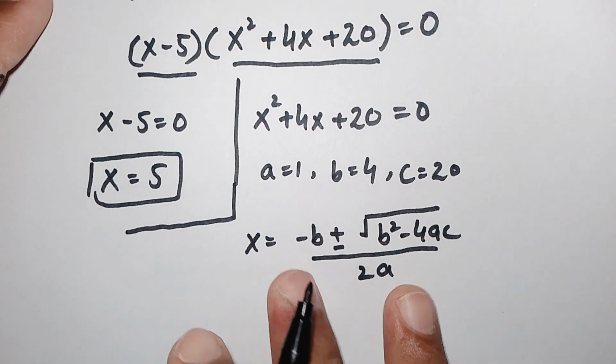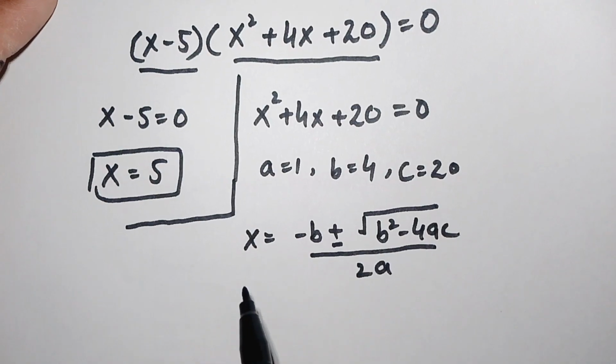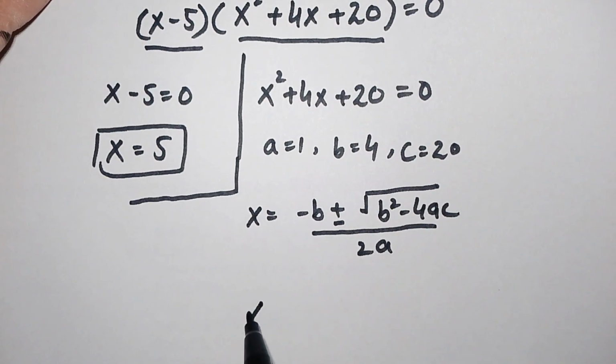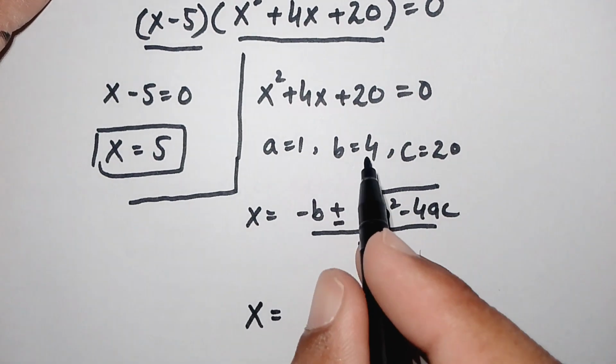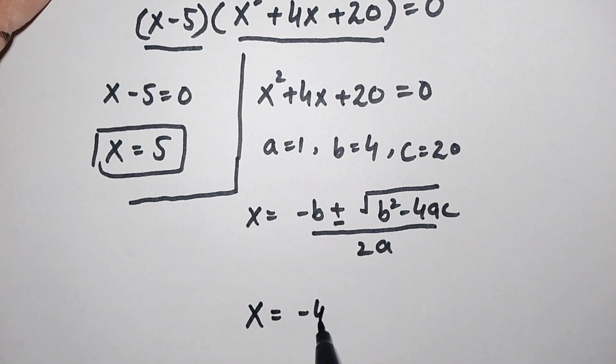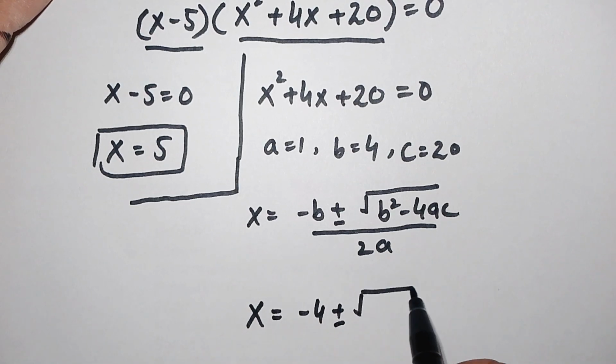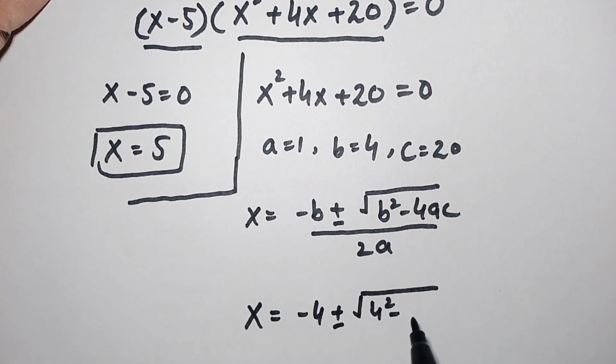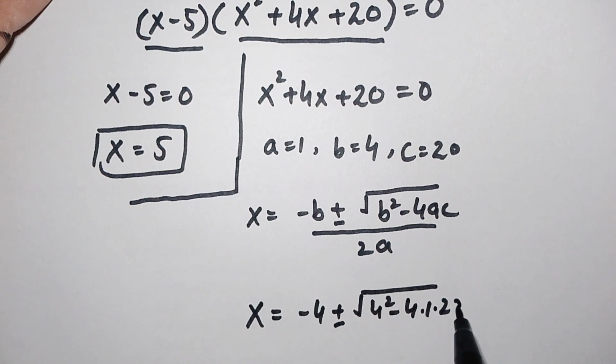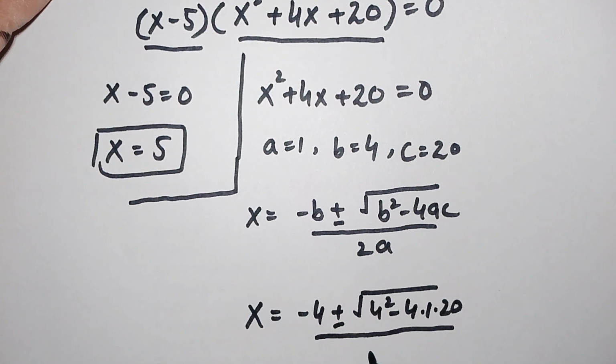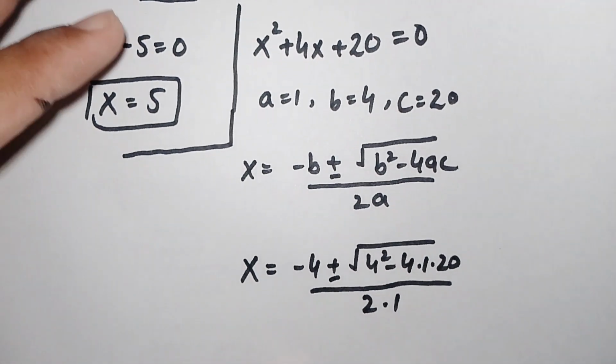Now here we have to put the values in the quadratic equation, so this will become x is equal to, here b is equal to 4, so minus 4 plus minus square root of 4 square minus 4 times 1 times 20 divided by 2 times 1.